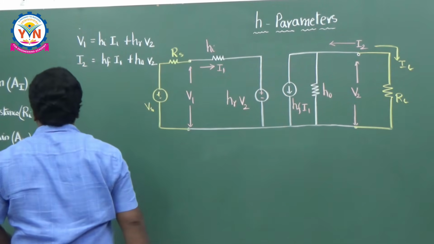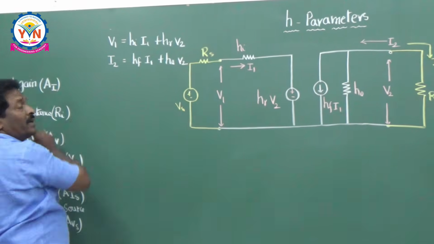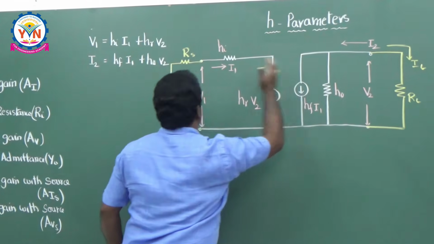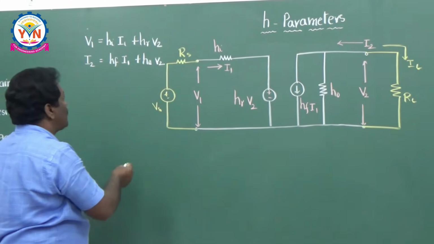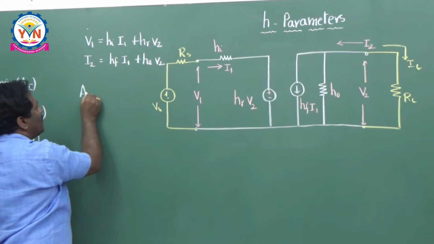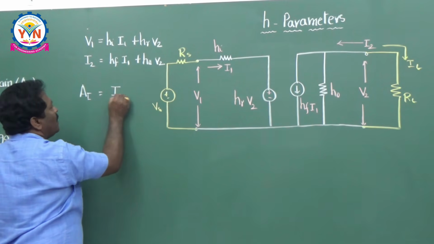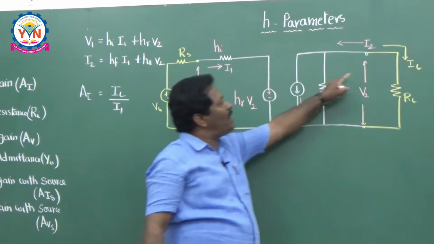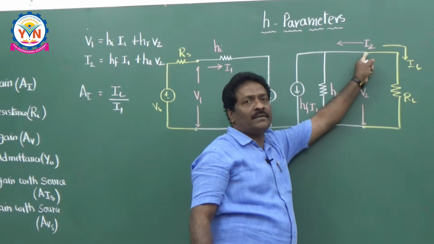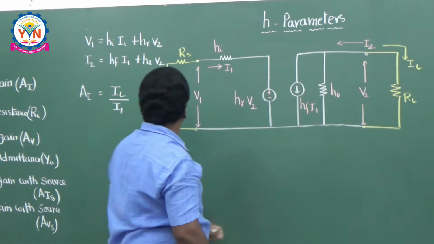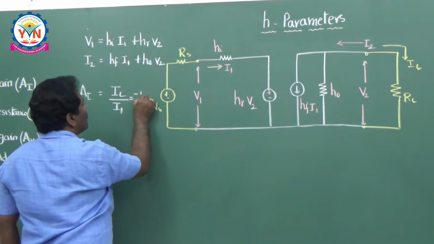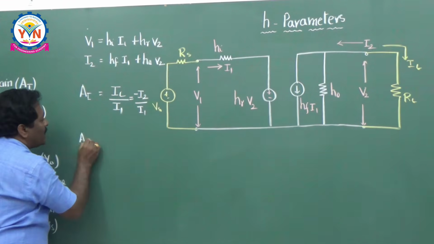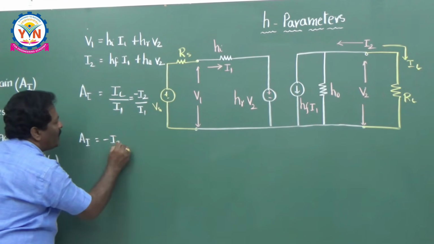Now coming to the first parameter, current gain. Current gain means output current by input current. So the definition of current gain is AI equal to output current IL by input current I1. IL and I2 are in opposite directions, so IL is equal to minus I2. So AI is equal to minus I2 by I1.